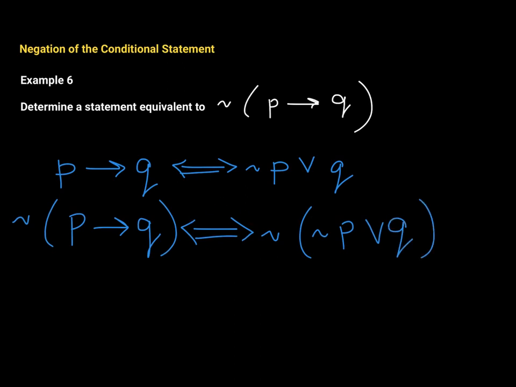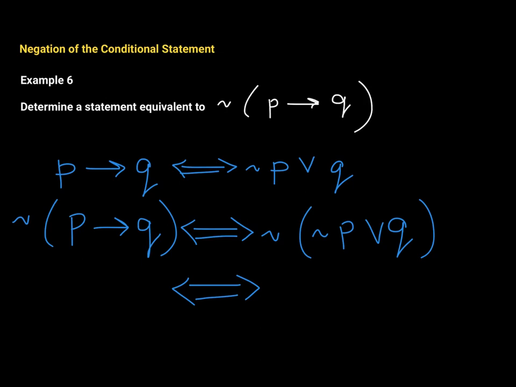Now this is the statement they are asking me to work with. So this statement, which they gave me, is equivalent to this statement. Let me simplify this right-hand side.